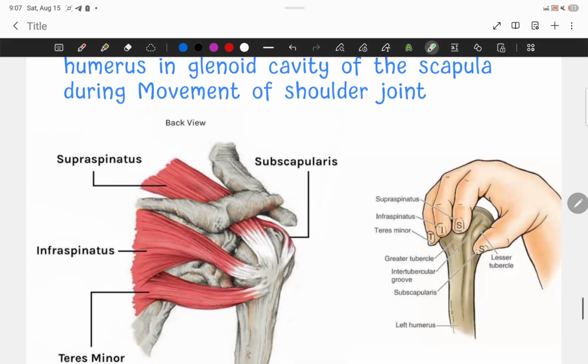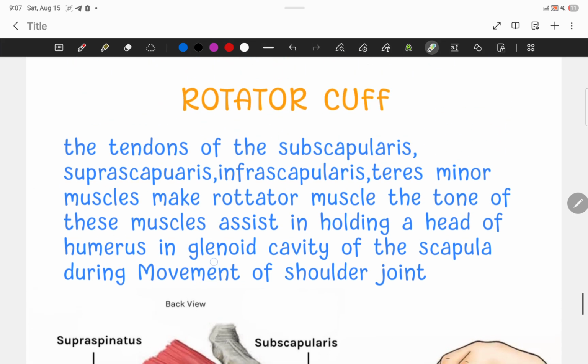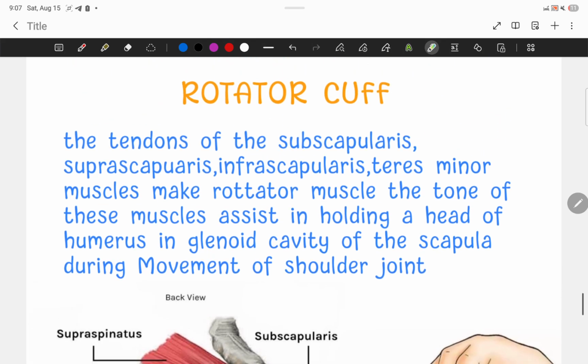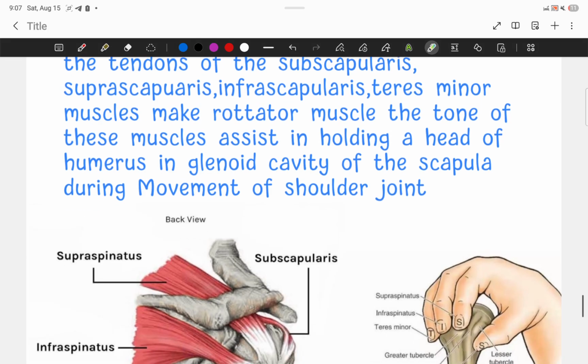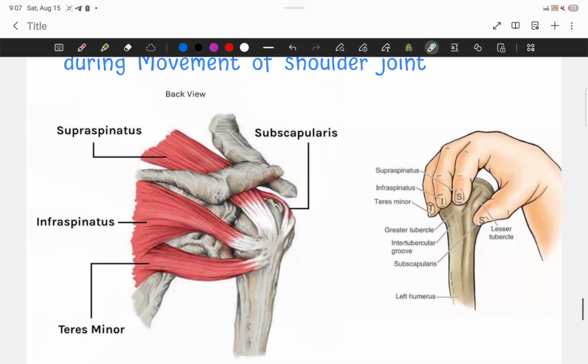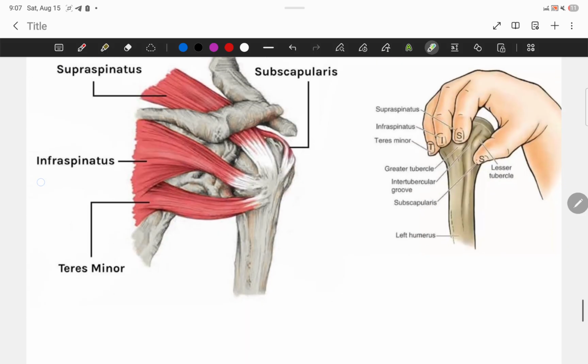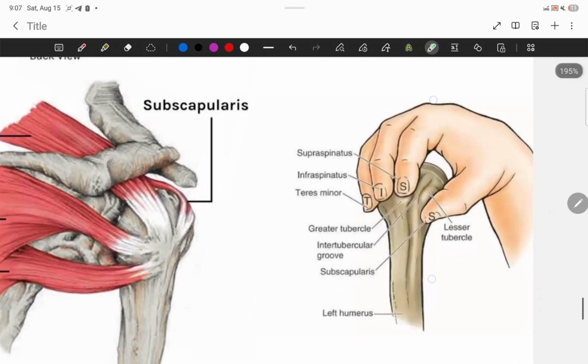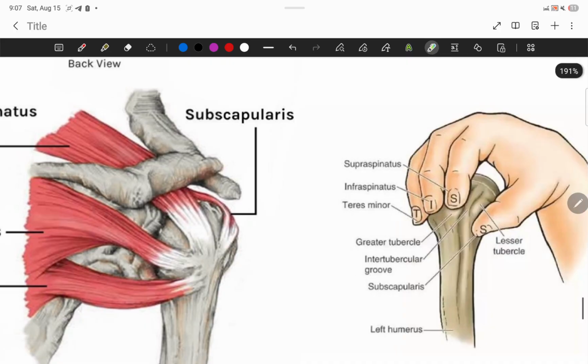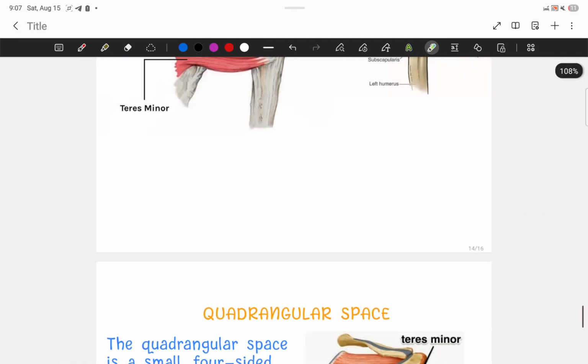They hold it like this, the head of humerus, in the glenoid cavity of the scapula during movement of the shoulder joint. So subscapularis, supraspinatus, infraspinatus, and teres minor. If you want to memorize it, take a screenshot of this picture. It will be easy for you, I know it.